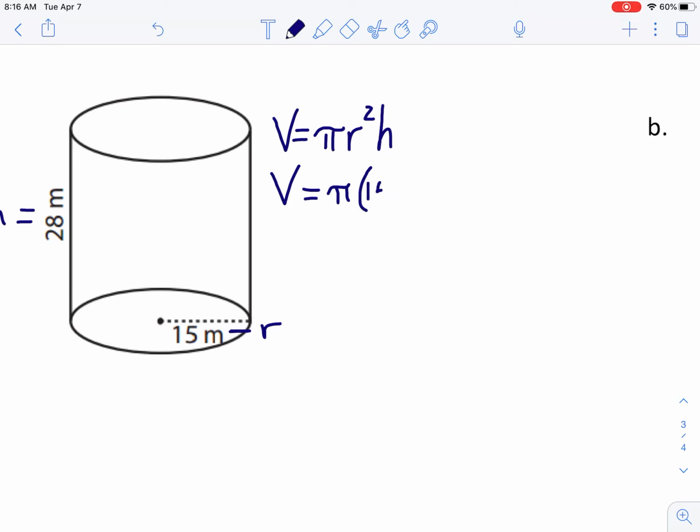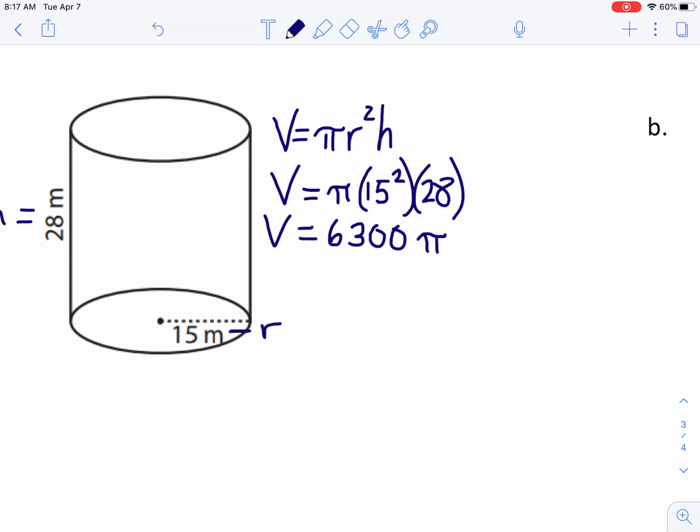And then the r squared, 15 squared times the height of 28. Now what you want to do, like I said, is just leave the pi and multiply the other values together. So if you get your calculator out, I'm just multiplying this part.